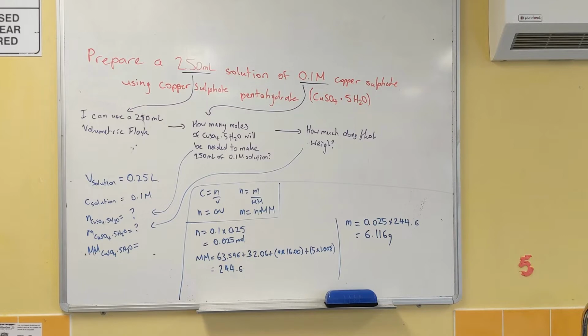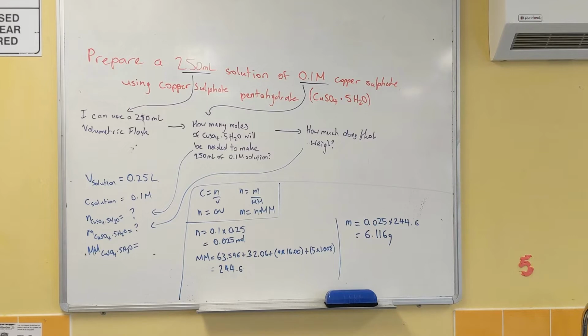And what that means is that the substance or the crystal that I'm going to be crushing up is not just made out of copper and sulfate particles, but rather it's copper, sulfate, and then there's also some water mixed into the crystal structure. Now, underneath, I have a bunch of calculations showing how once I know the concentration and the volume, I can then calculate the number of moles of copper sulfate pentahydrate that I will need to make the solution.